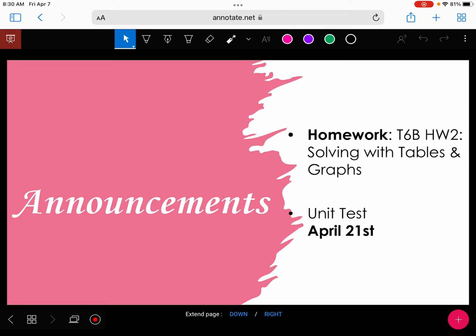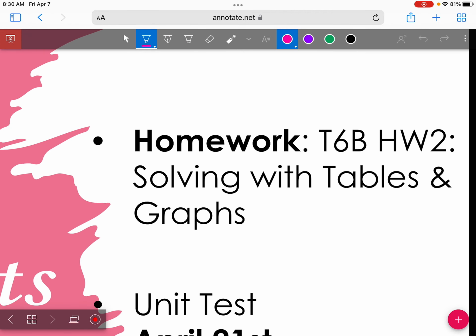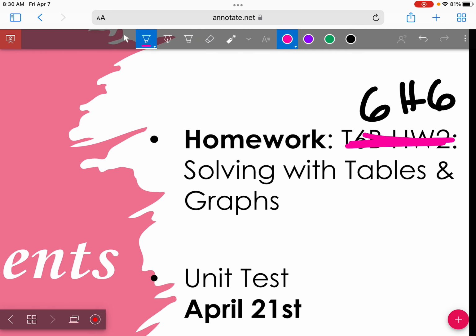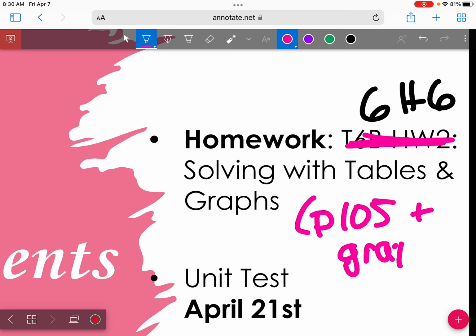I retitled it after I wrote the PowerPoints, so it is not called 6BH2. It is T6H6, because it's all of homework 6, and it is page 105, plus some graphs or some work.